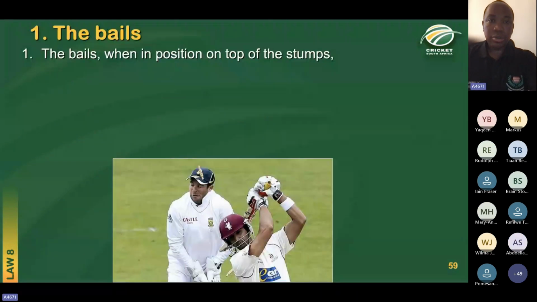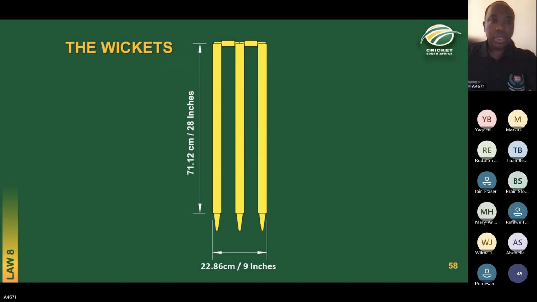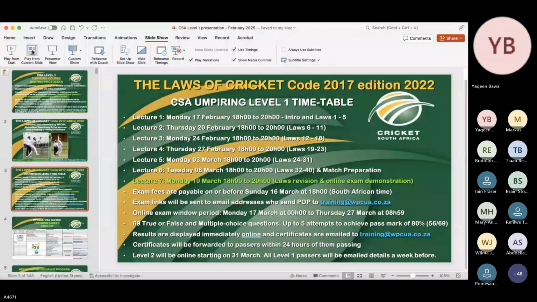So I'm going to scroll right back to the slide that I presented on Monday. If you just bear with me while I find it. So here it is, the timetable for the course.